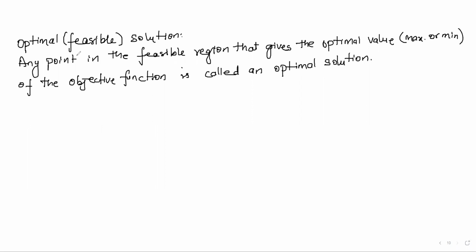So any point in the feasible region that gives the optimal value, maximum or minimum value of the function, is called the optimal solution.